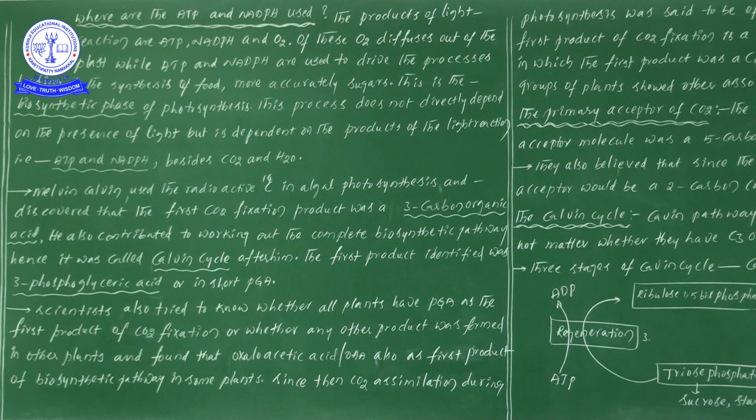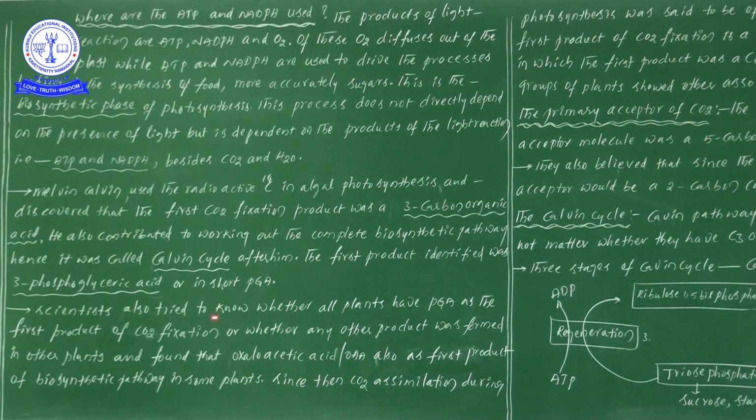When they continued their experiments, surprisingly they found one more kind of organic acid, formed in some other kind of plants, and named it oxaloacetic acid, or simply OAA. That is the information.